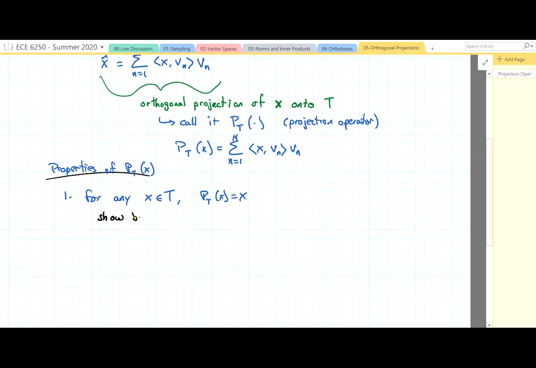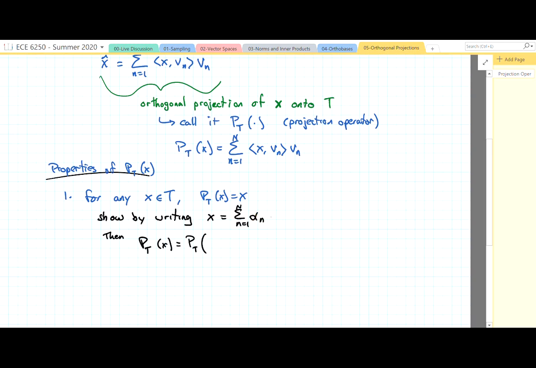We show it by writing that x is equal to the sum over n of alpha n times Vn, like so. Then PT of x will be PT of, actually, I got ahead of myself.